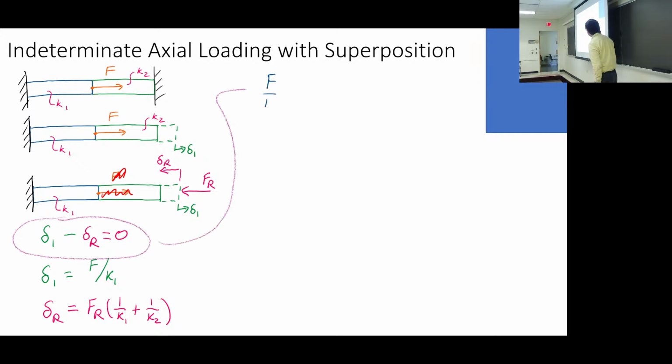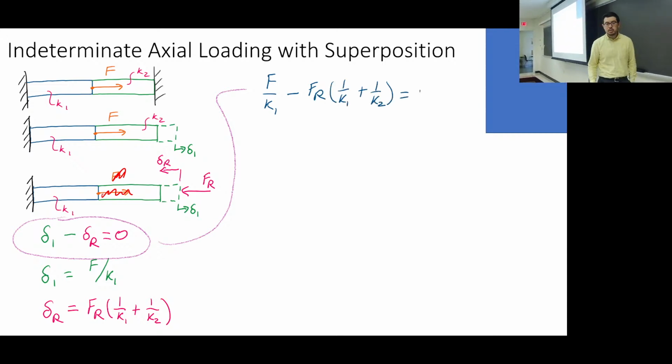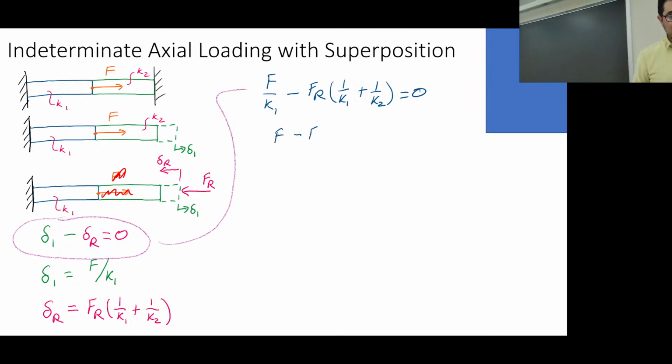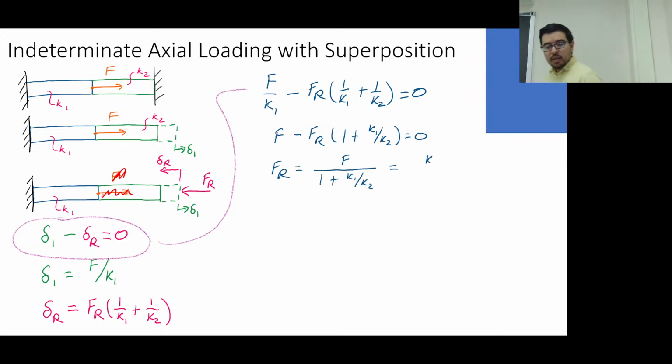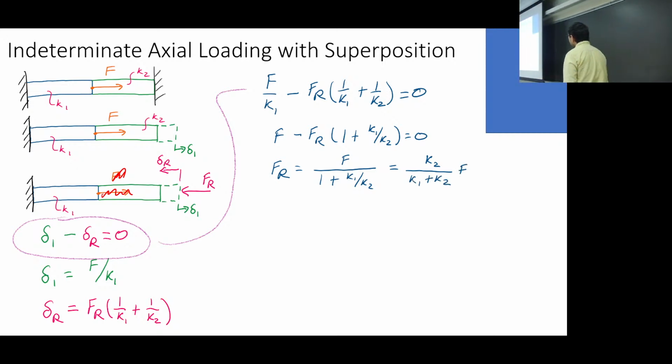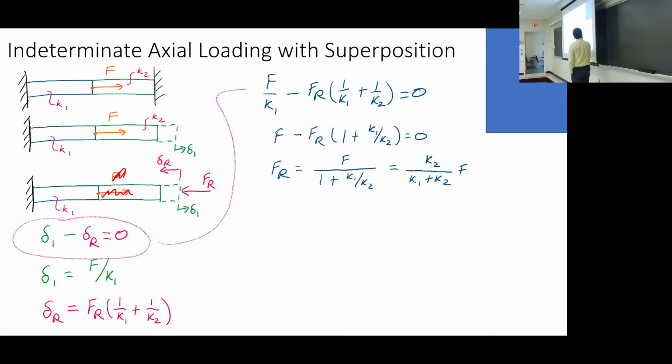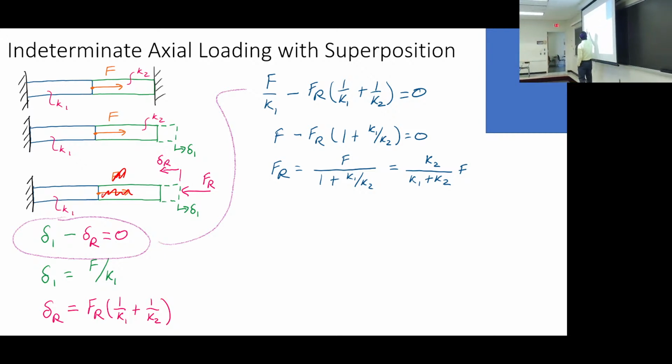And then I can use this relationship. This is essentially my geometric compatibility relationship. Put those together, and we get a relationship for FR. And once I've got FR, and I've got F, then we've got the ability to use equilibrium to write out what the reaction force on the left side would be as well.